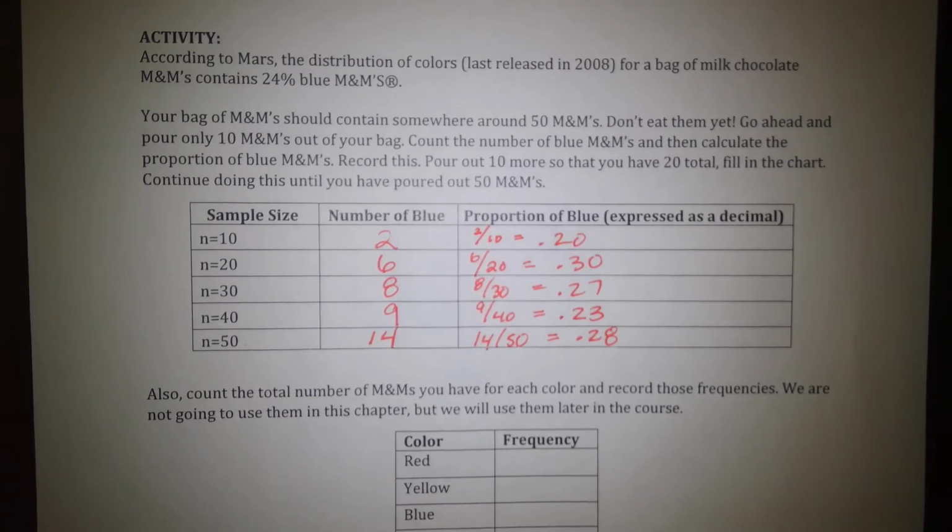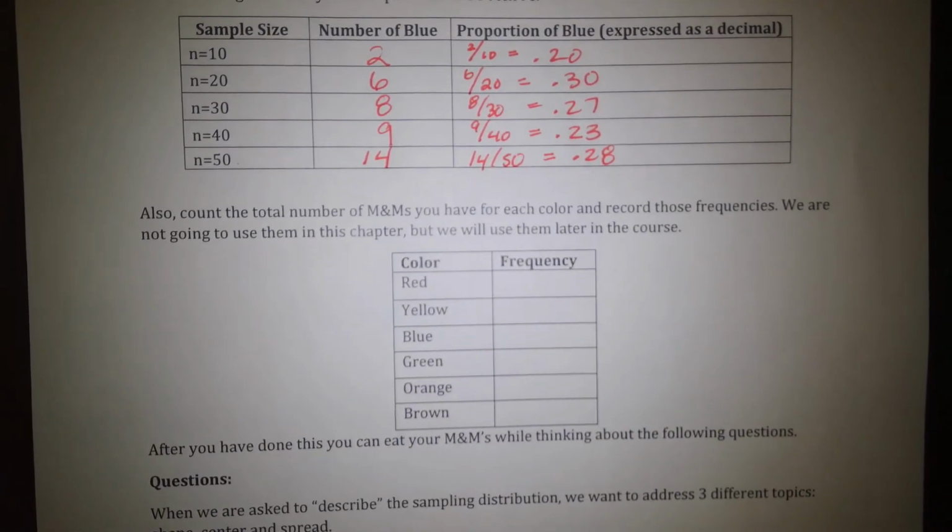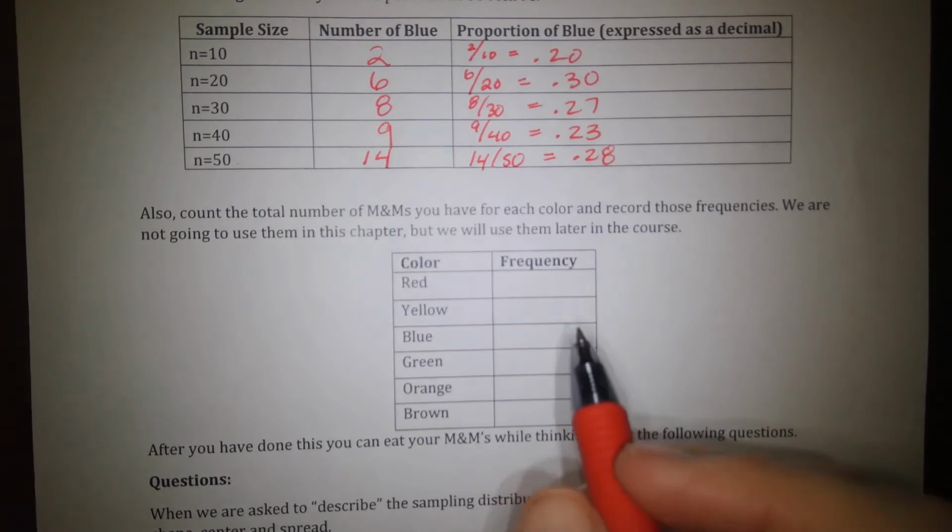Now you're also going to count the total number of M&Ms you have for each color and record those frequencies. We are not going to use them in this chapter, but we will use them later in the course. So whatever we record here is what we'll use later on. Let's go ahead and count the colors.